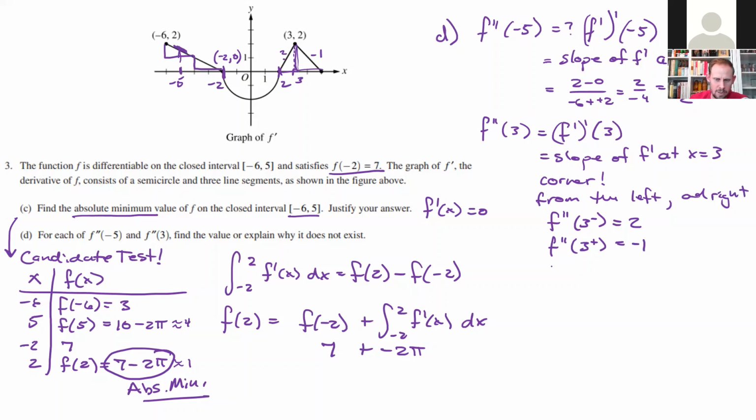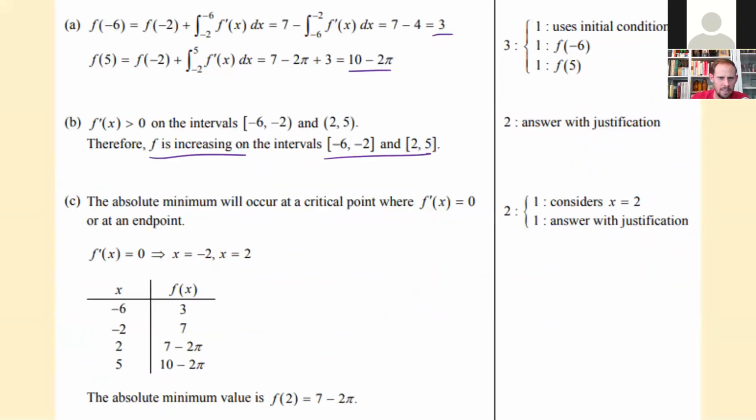Since those are not equal, therefore f double prime of 3 does not exist. I don't know if you could just say it's a corner and stop, or if you actually want him to show that it's different from both sides of the corner. Let's see what they say for their answer. All right, so let's see.